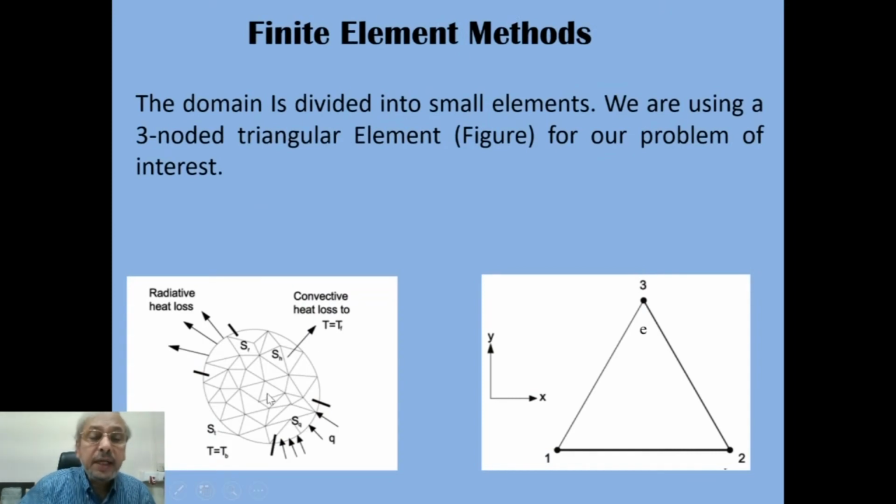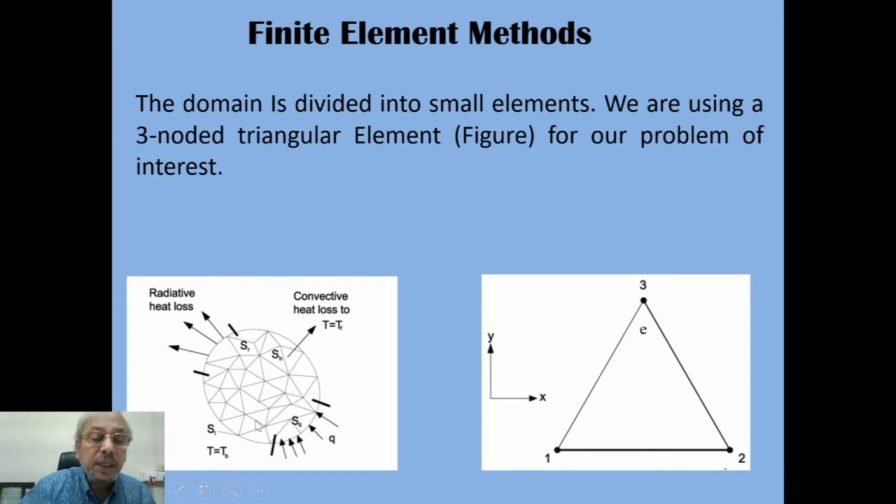As we can see, for example, here any element E has nodes 1, 2, 3. Say for example this element we are talking about, these 3 points, but this point has a global nomenclature.